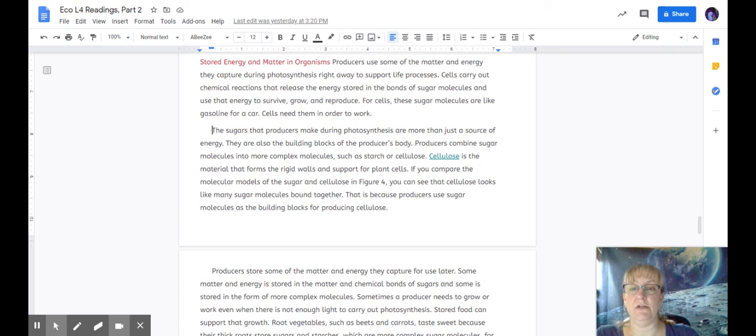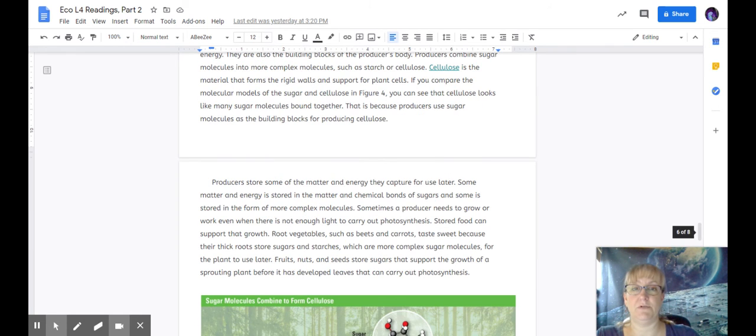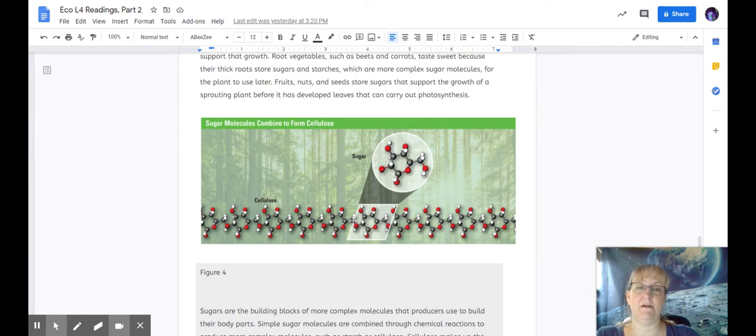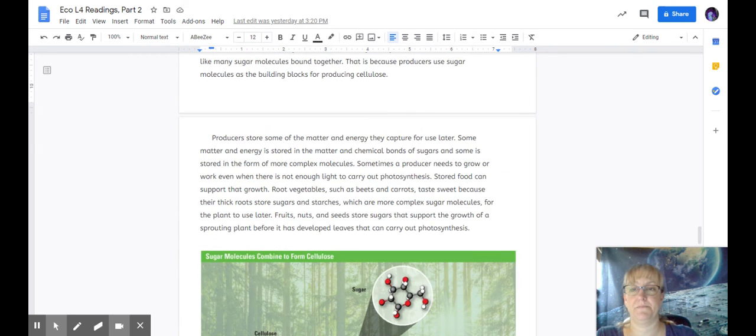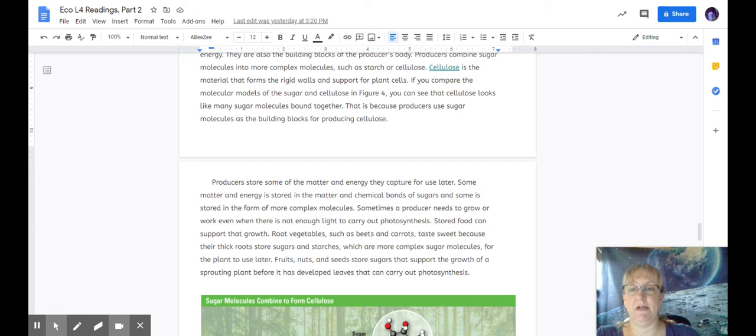If you compare the molecular models of the sugar and cellulose in figure 4, you can see that cellulose looks like many sugar molecules bound together. That is because producers use sugar molecules as the building blocks for producing cellulose. So we're talking about figure 4, which is right here. And they're saying that this is a sugar, and this looks like many pieces of sugar all joined together. We're going to be right here.